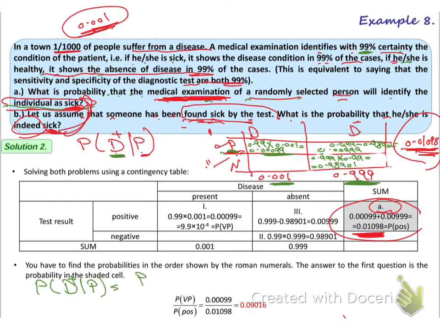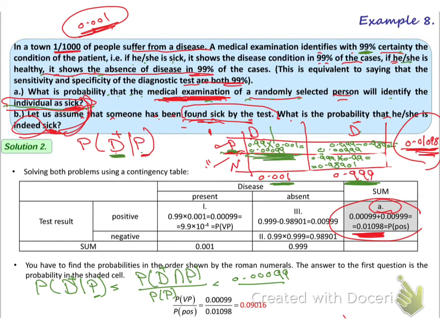It will be equal to the probability of disease intersect positive, divided by the probability of the last one, which is the probability of positive. The probability of having the disease intersect with positive, which is this one, 0.0003099, divided by the probability of positive.